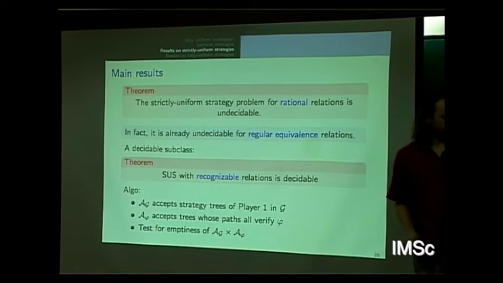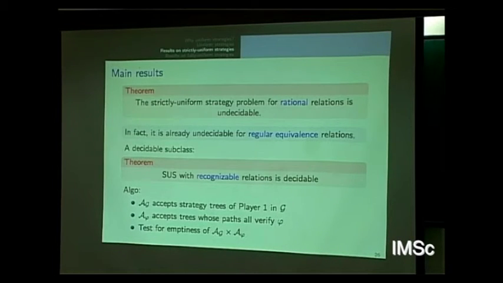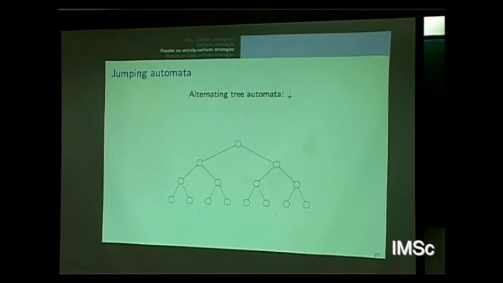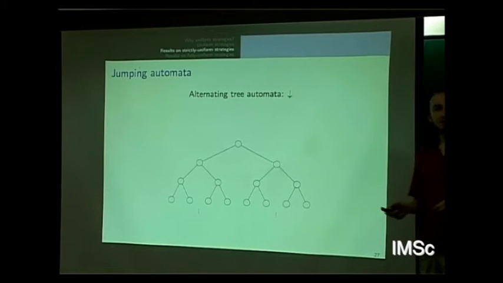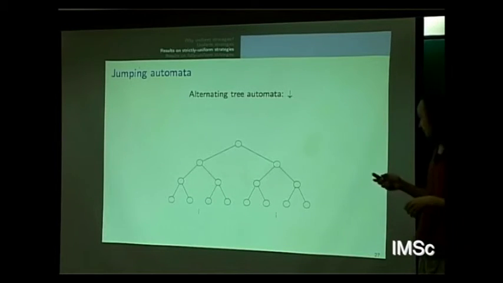To do so, we define jumping automata, which extend classic alternating tree automata with the possibility to jump in the input tree, which will capture the semantics of the strict quantifier. Just a brief reminder on tree automata.